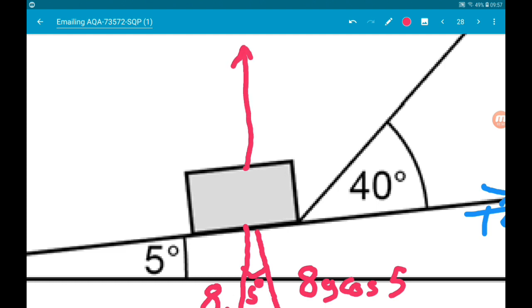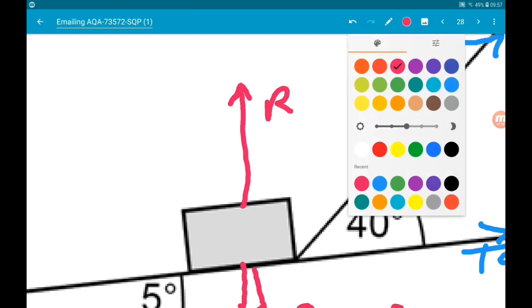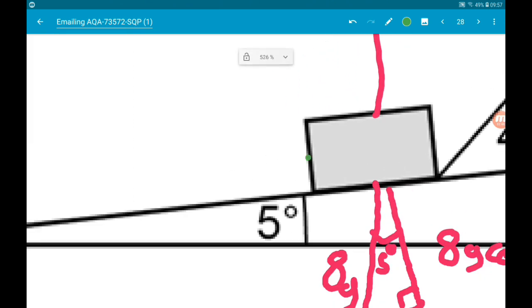Now, we've also got the reaction force working perpendicular to the board, and then we've also got friction. So we're still going to have the same constant of friction because it's the same surface.